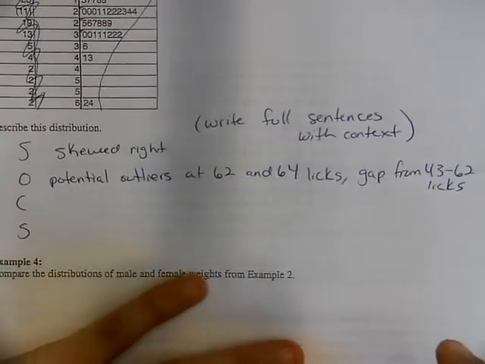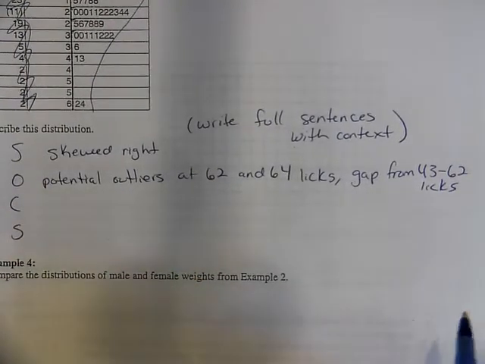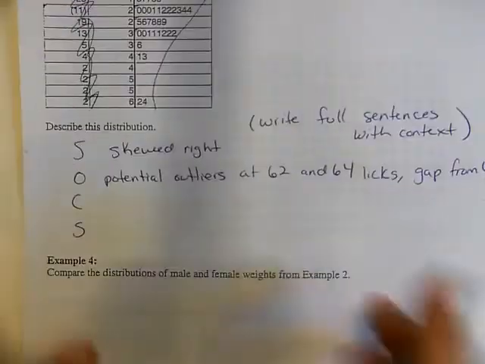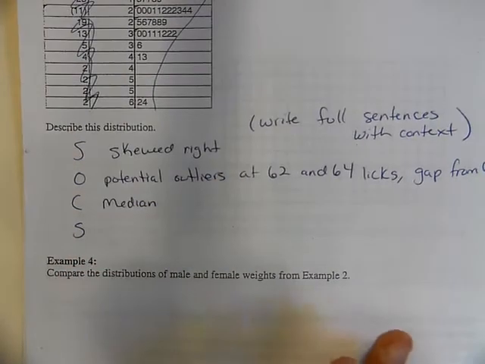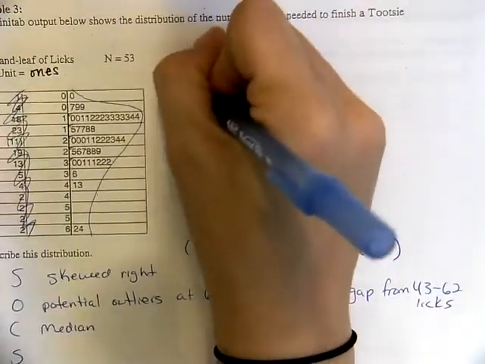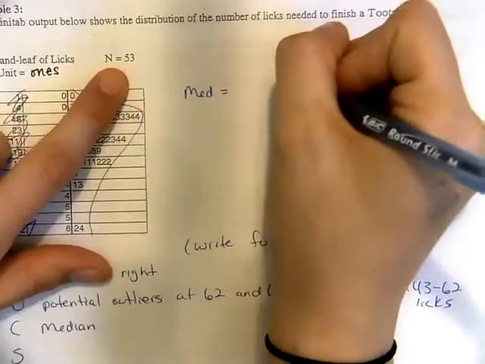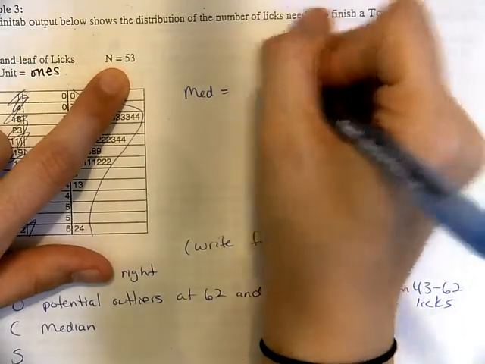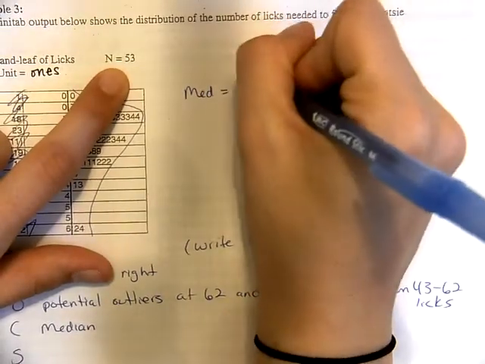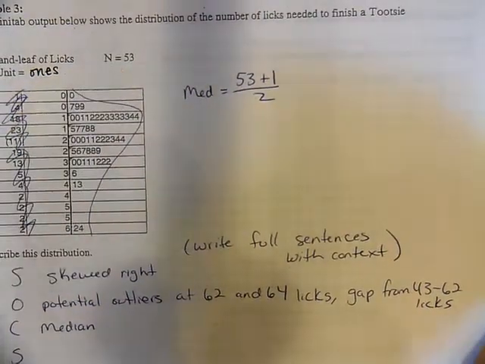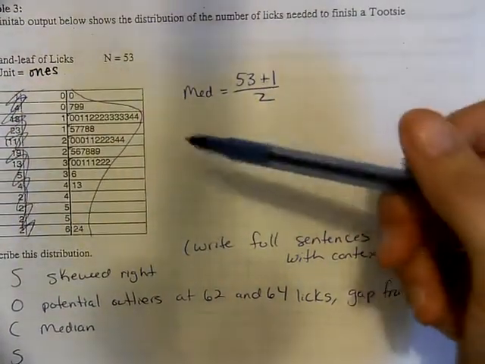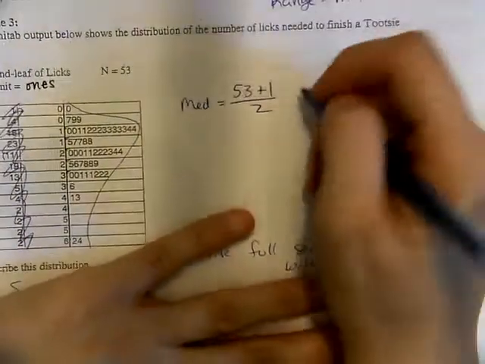The center, I don't feel like putting all these in and trying to find the mean, so I'm going to find the median. So here's one way to find the median. I'm going to go back up so you can see it. You take the number of data values, so we have 53, add 1, divide by 2. What that'll do, that'll tell you the position of the median.